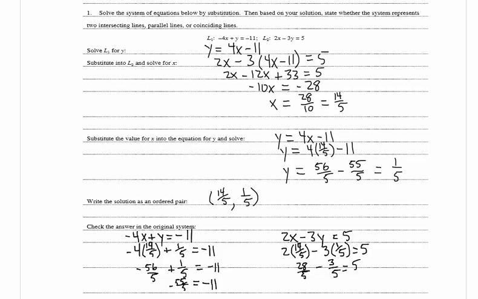And 28/5 minus 3/5 is equal to 25/5, and 25/5 does equal 5. So our ordered pair satisfied both of our equations, so our solution is 14/5 and 1/5. And that's all for this video of solving a system of equations by substitution, example 1.